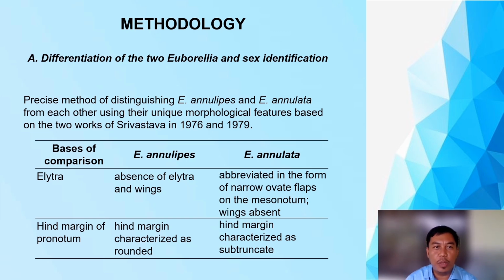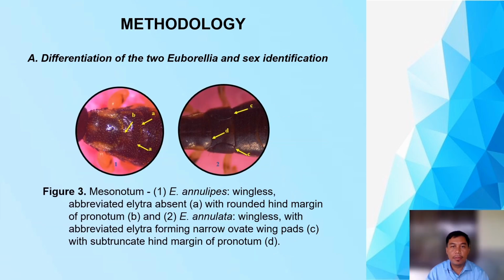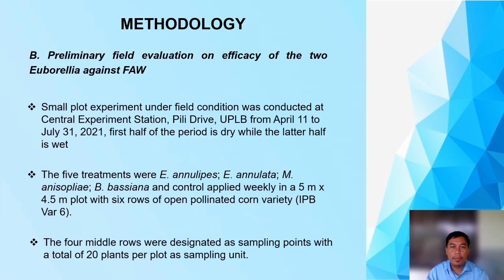Elytra and wings are totally absent in Euborrelia annulipes, while elytra are abbreviated in Euborrelia annulata, and wings are also absent. The hind margin of the pronotum is rounded in Euborrelia annulipes and subtruncate in Euborrelia annulata. This is the appearance of the pronotum and mesonotum in Euborrelia annulipes and Euborrelia annulata.